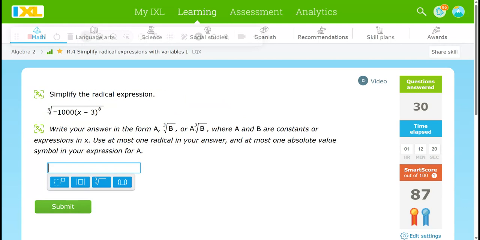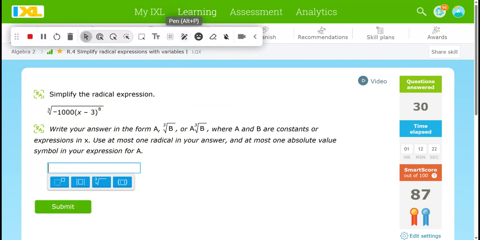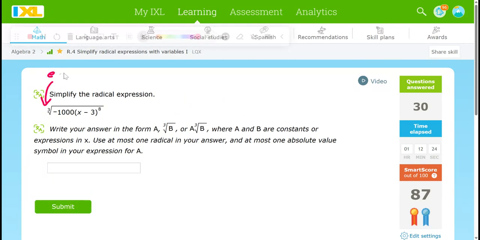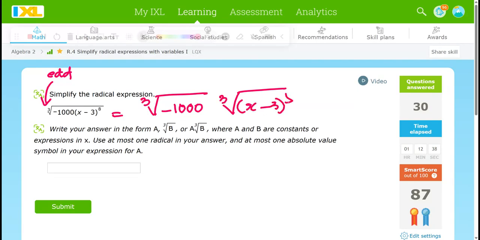Okay, we can do this. It's not a big deal. This is an odd root, so you don't need the absolute value sign. So you can break them apart: cube root of negative 1,000, and then cube root of x subtract 3 to the power of 8.